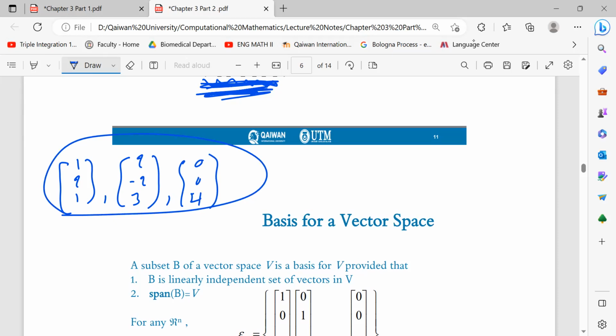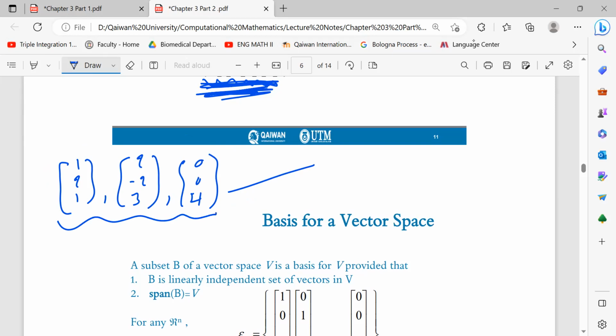To show whether these 3 vectors are a basis for R3 or not, what do we do? We must try 2 conditions. First, these 3 vectors must span R3. And also, these 3 vectors must be linearly independent.